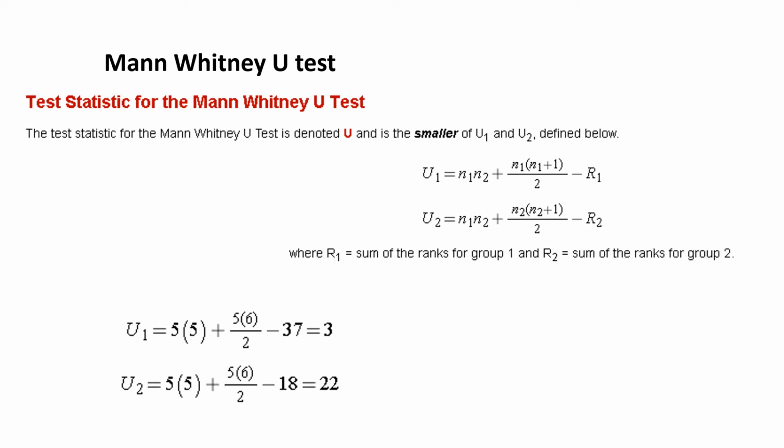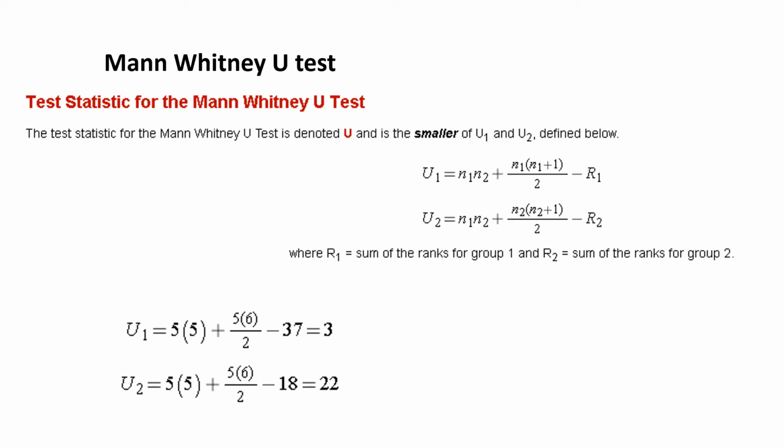Then U1, you have to calculate. N1 multiplied by N2, right? 5 multiplied by 5. Both have the same number, right? 5 multiplied by 5 plus 5 multiplied by 6 divided by 2 minus 37. What is the 37? The sum of the rank of group 1 is 37.